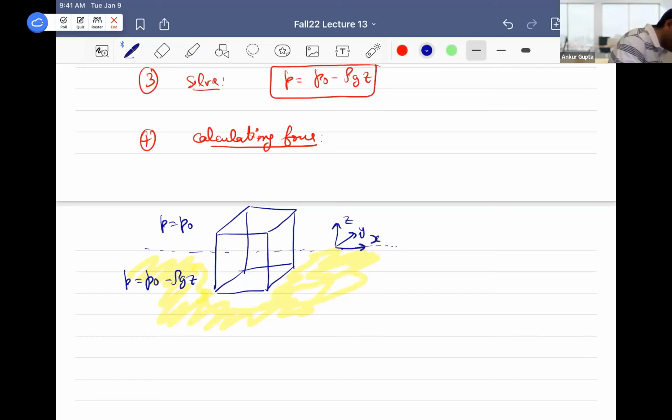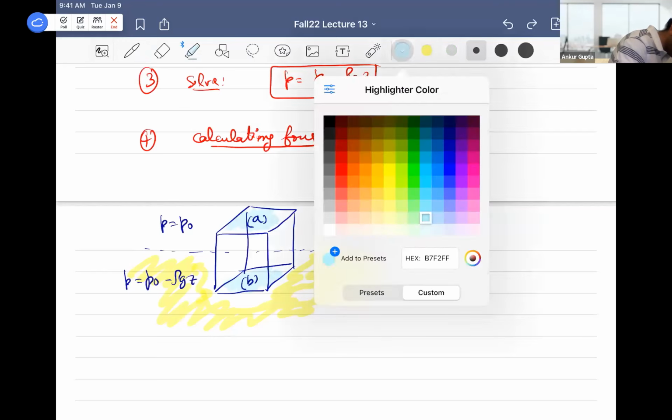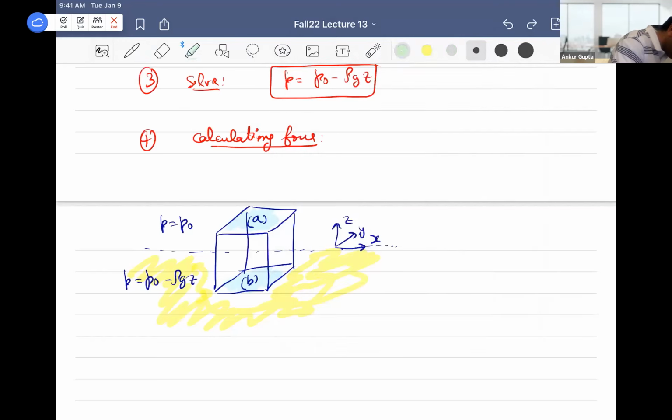And now let's say this is phase A, this is phase B, the bottom one, and this is phase C and D. I'm not doing E and F, but those are the back and front faces.